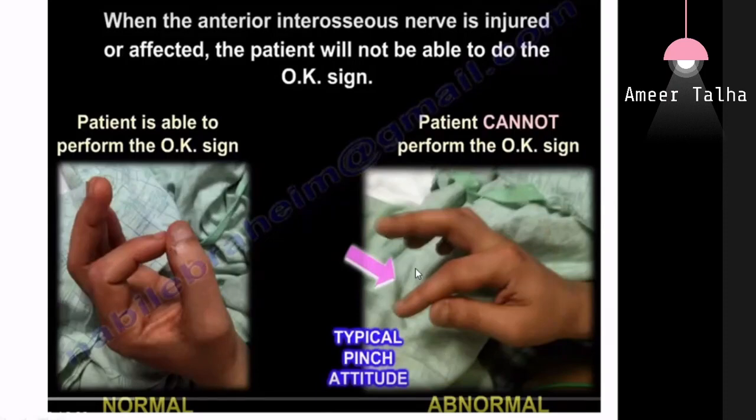Here is the abnormal movement at the joints, where the patient cannot perform the OK sign. This test is used to check the anterior interosseous nerve. The paper grip test or paper holding test is for the branches of the ulnar nerve or the palmar interossei.